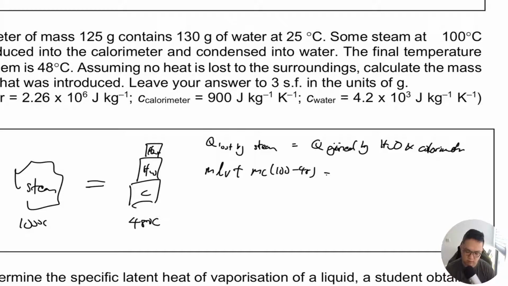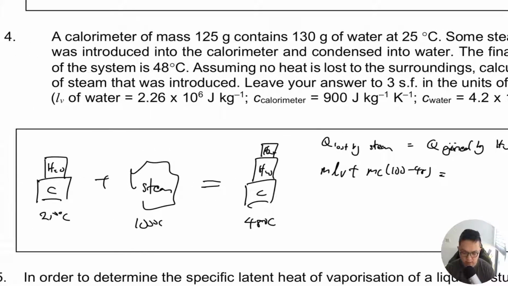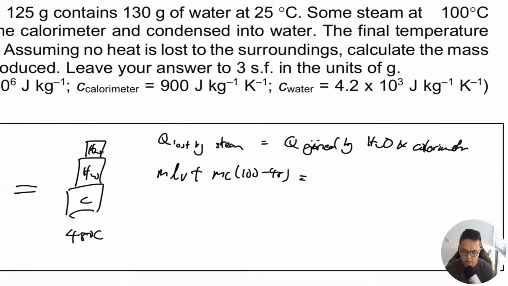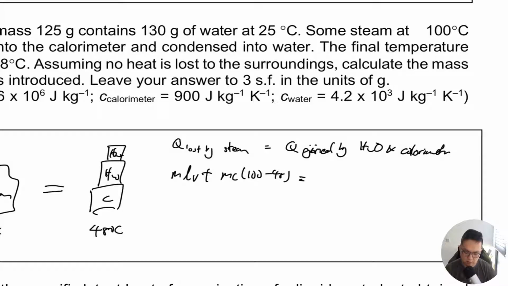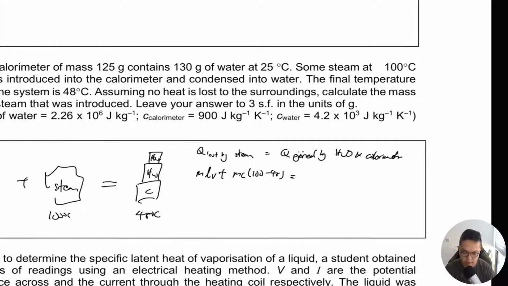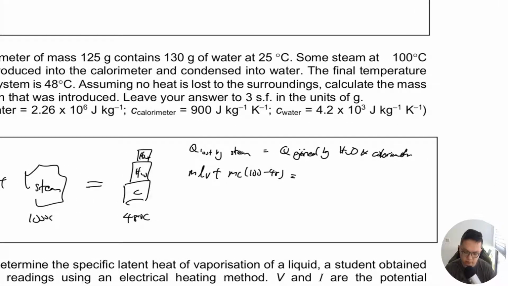Equals to, do we have the heat capacity of the calorimeter? Yes. So this one will be the mass of the calorimeter first, 0.125 times 900.